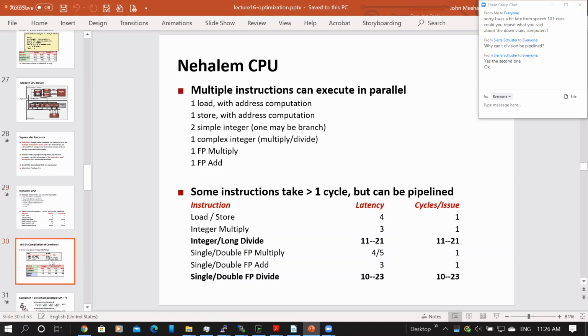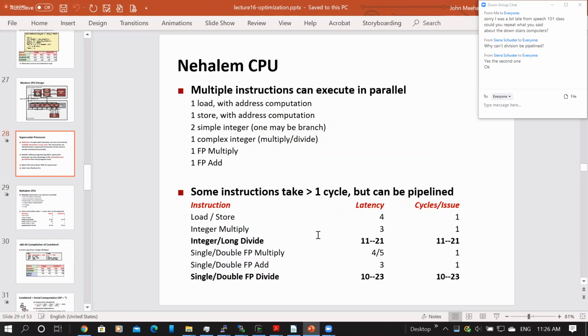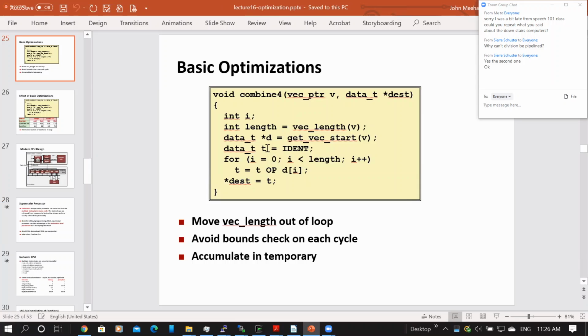So we got this little combined benchmark we've been looking at, where we have a vector of a certain length and we factor in some particular kind of operation, and we run some tests to see how many cycles per element it takes. And we were getting numbers like this out of the combined 4. Remember that in combined 4, he had the temporary local variable that the compiler could keep in a register and not have to touch memory.